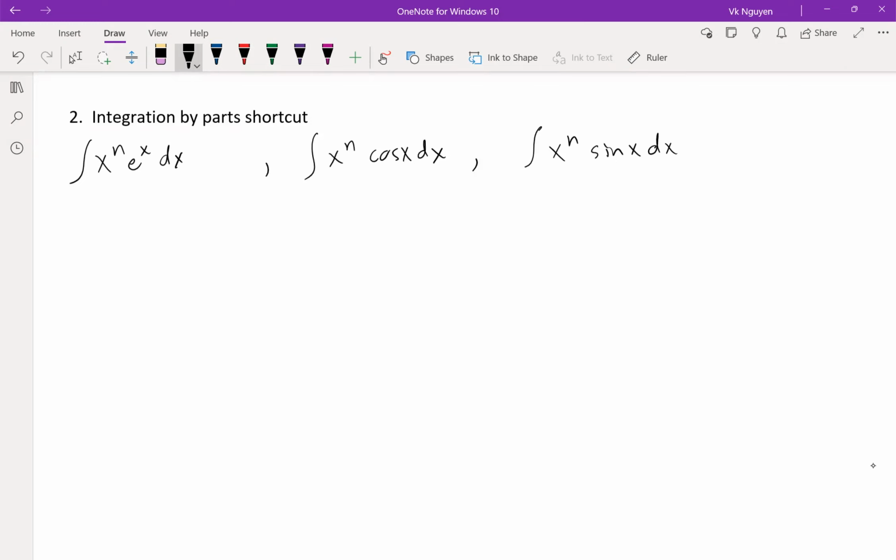These integrals come up very often in differential equations. So what is the shortcut here? Let's take a look at an example.